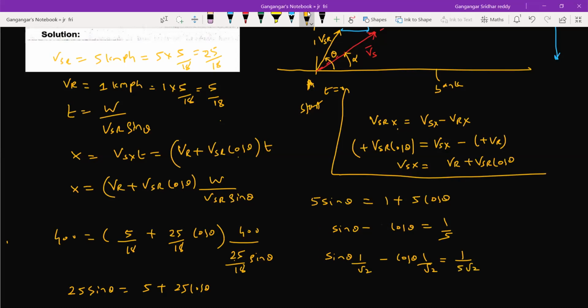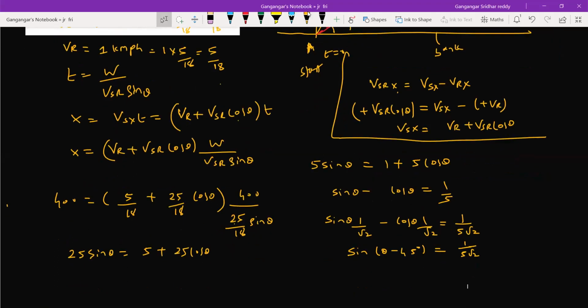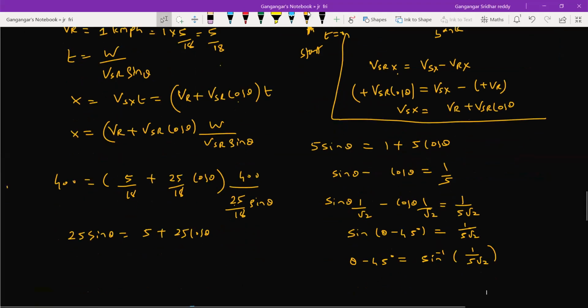Can we simplify the LHS? Yes, it can be done. Sin A cos B minus cos A sin B, so this will be the sin of (A minus B) formula. So theta minus 45 degrees equals sine inverse of 1 by 5 root 2. Or theta will be 45 plus sine inverse of 1 by 5 root 2. This will be our final answer.